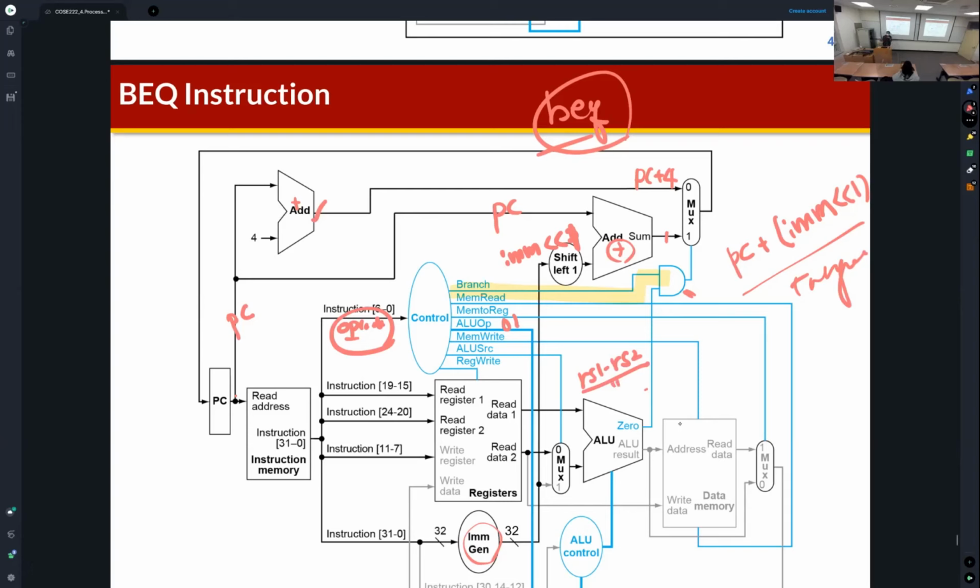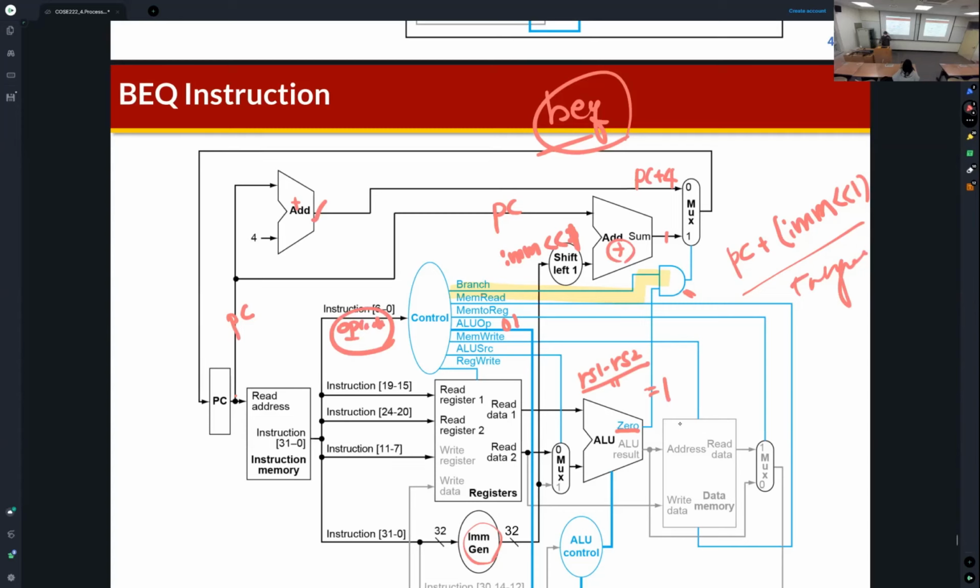If the result of the ALU is 0, then this zero detection bit becomes 1.